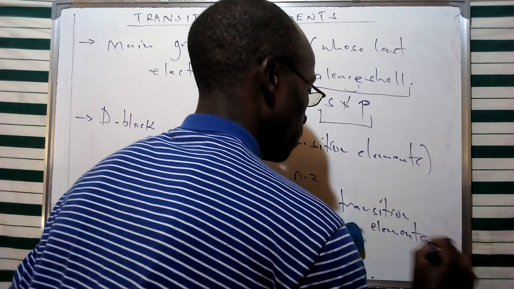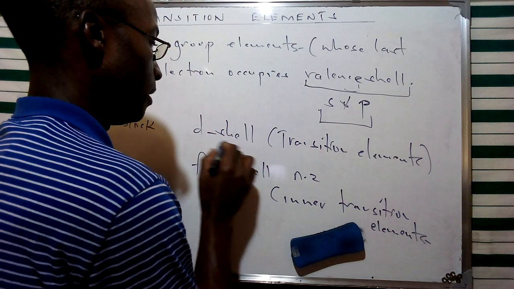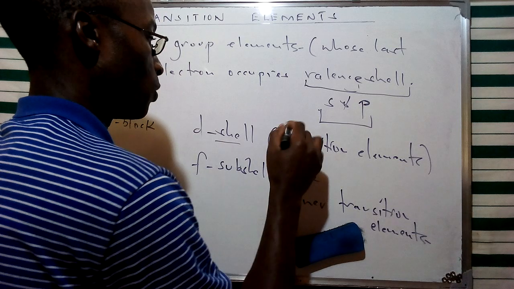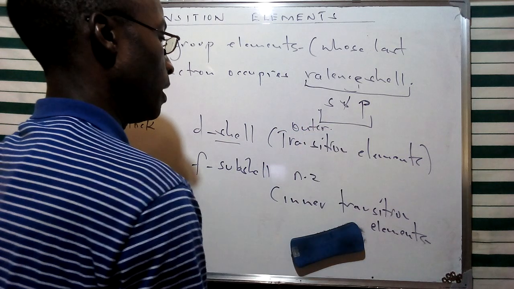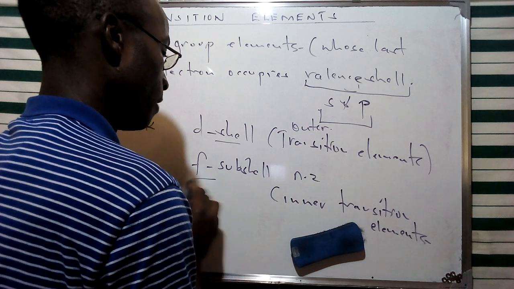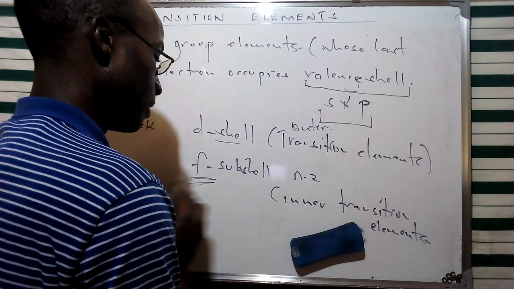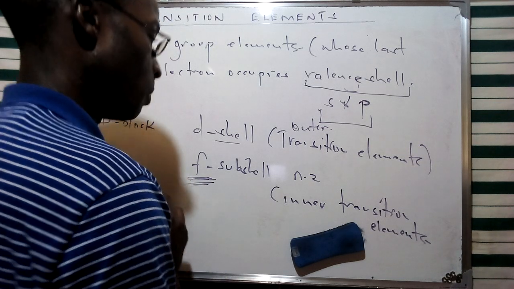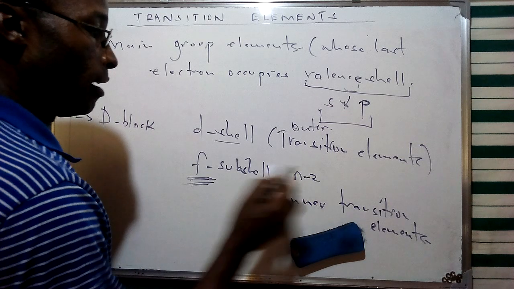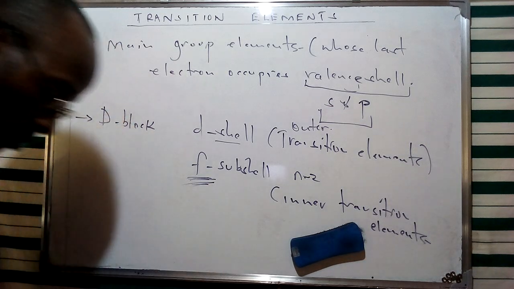For the first case, which we had regarded as the D block, these are going to be outer transition elements, and then for the F, those whose last electron is going to be occupying the F subshell are going to be regarded as the inner transition elements.